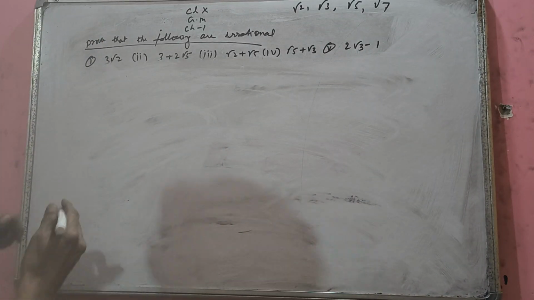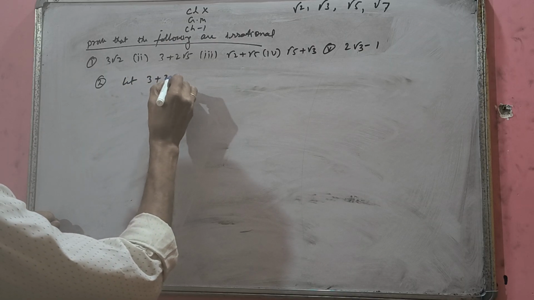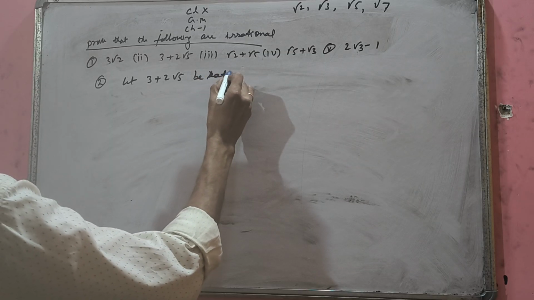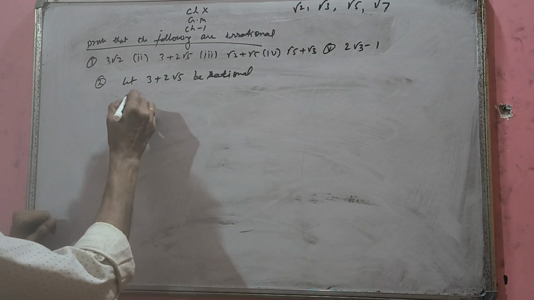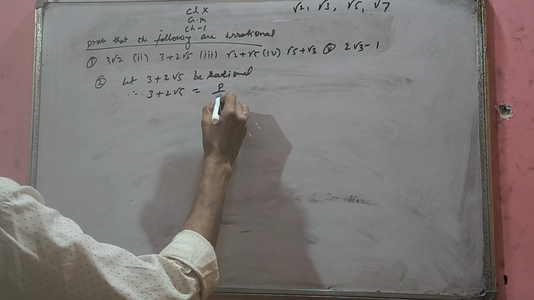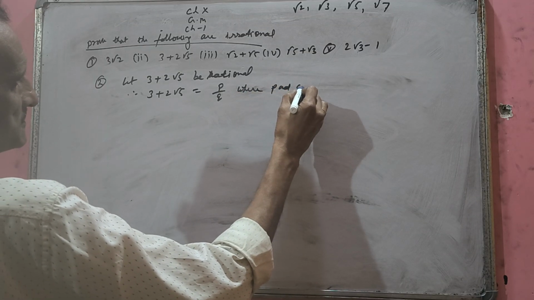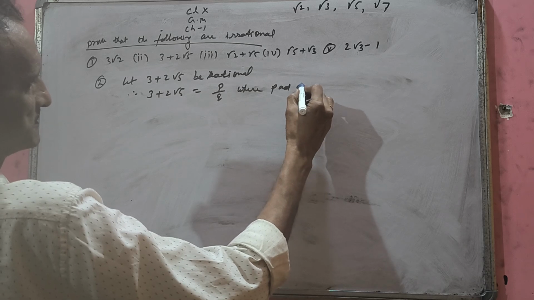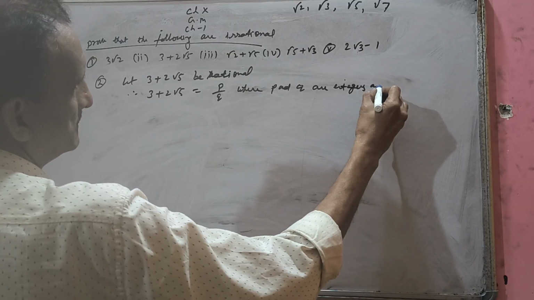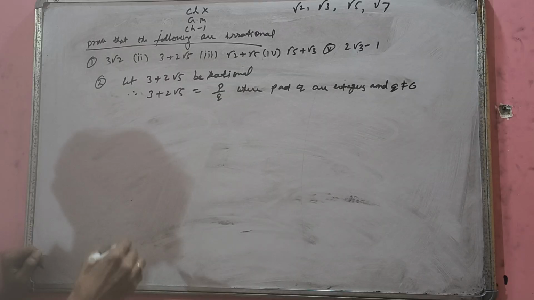Okay, number 2 now we will start. Let 3 plus 2 root 5 be rational. Therefore, 3 plus 2 root 5 can be written in the form of p by q, where p and q are integers and q is not equal to 0.